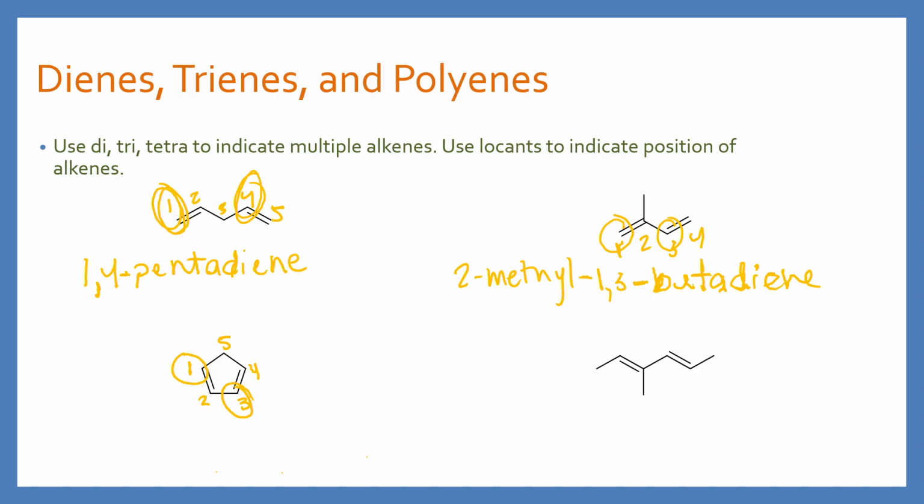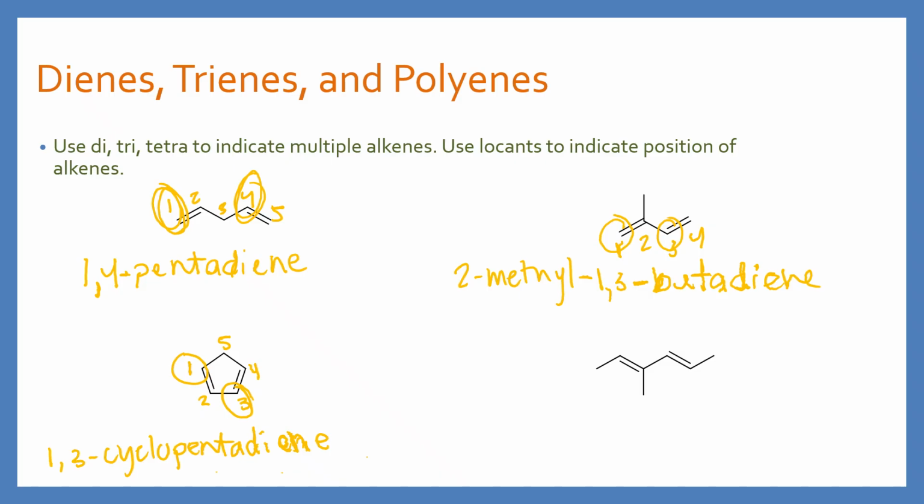So this is 1,3-cyclo, because it's cyclic. And then here's where that pent, and then we have to add in our fun little A, and then diene. Okay. 1,3-cyclopentadiene.